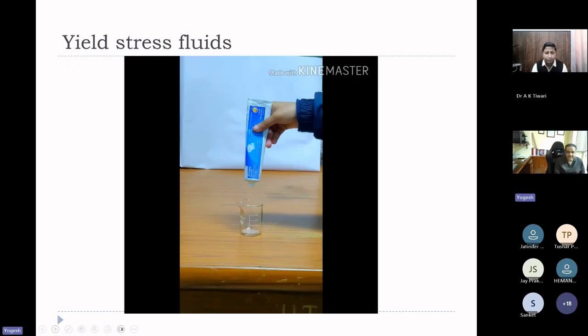That gets manifested in its routine behavior. This is a typical toothpaste carton, and if you put it upside down, nothing comes out. If you press on it, you need to overcome a certain minimum stress in order to make the toothpaste flow. And it has been shown using this video.